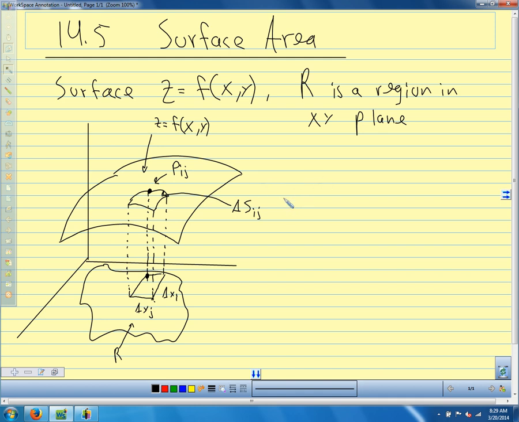So that's the approach we're going to take: approximate delta S sub ij with the portion of the tangent plane directly above, tangent at the point P sub ij.